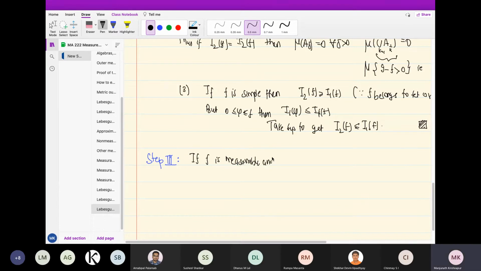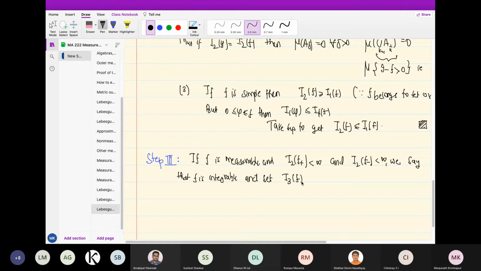If f is measurable and I2 of f plus and I2 of f minus are finite, we say that f is integrable and set I3 of f equal to I2 of f plus minus I2 of f minus.